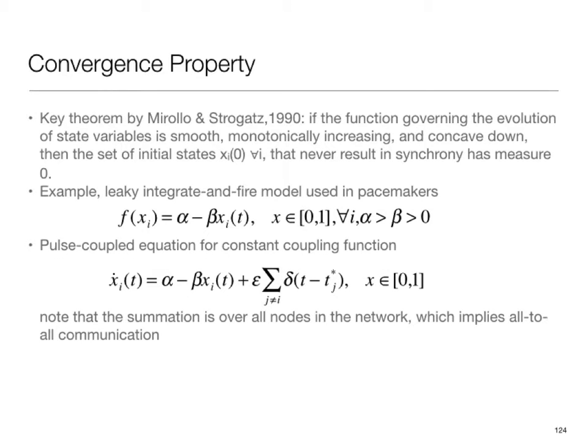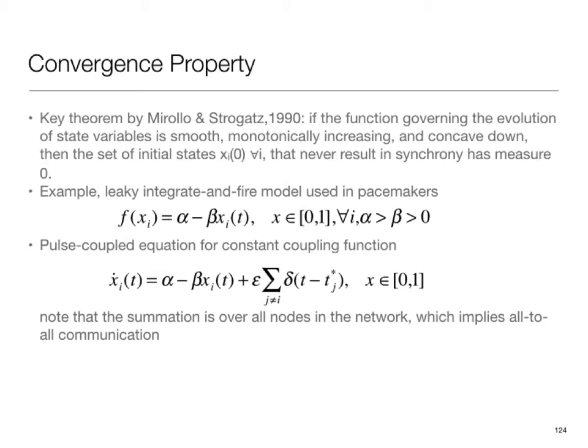So what those who described and modeled this phenomenon back in 1990 showed was that there is a dependence upon the initial conditions, but the set of initial states where the system will fail to converge are probabilistically very unlikely to occur. So for most starting situations, the system ends up converging.